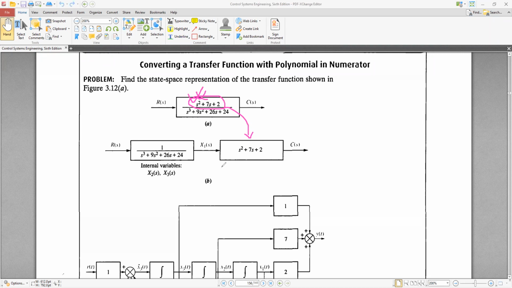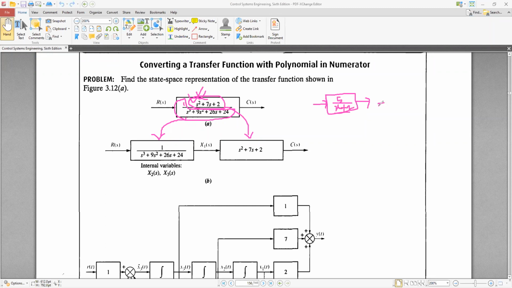Upper part to another one: s squared plus 7s plus 2. And the other part, 1 by this part. Okay, you can split this. Let's say another example, like 5 divided by s plus 2.